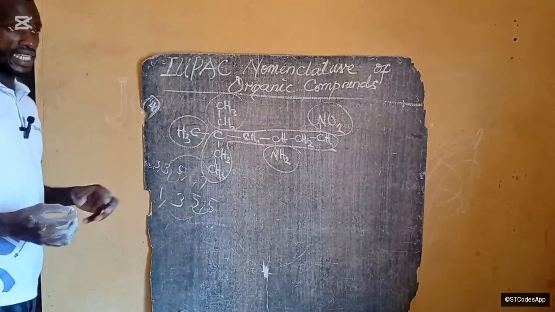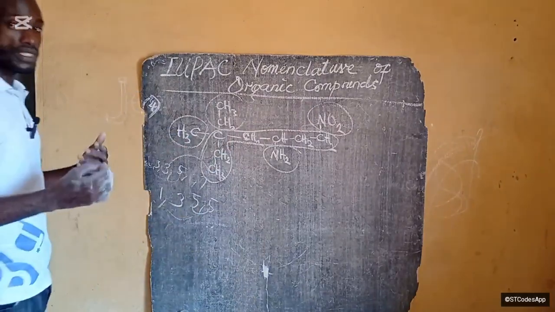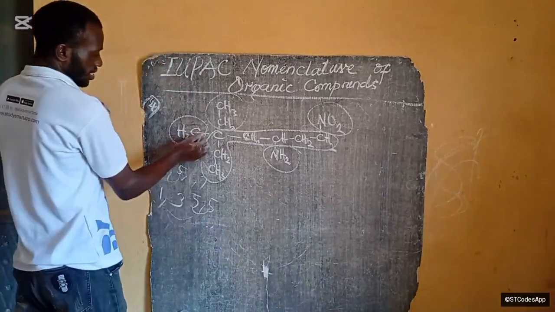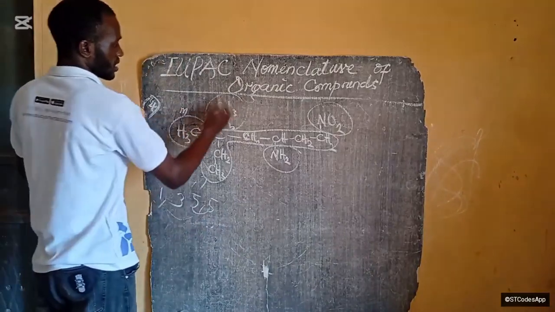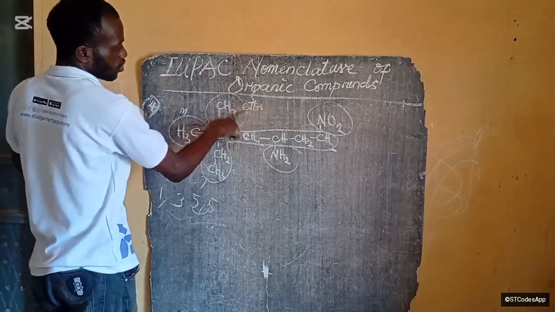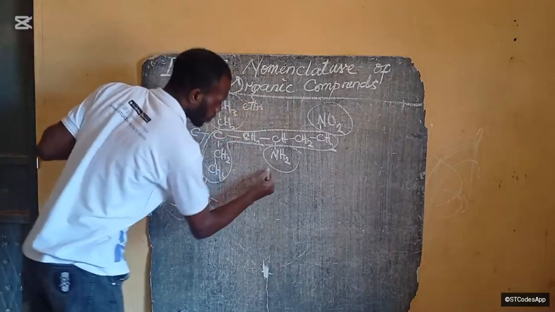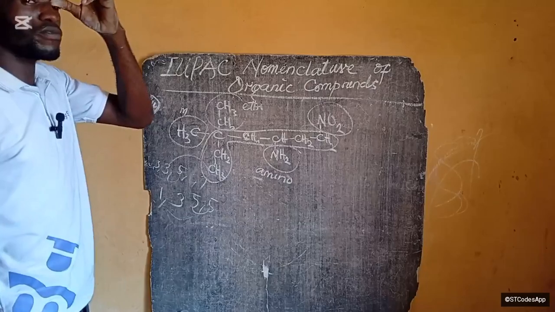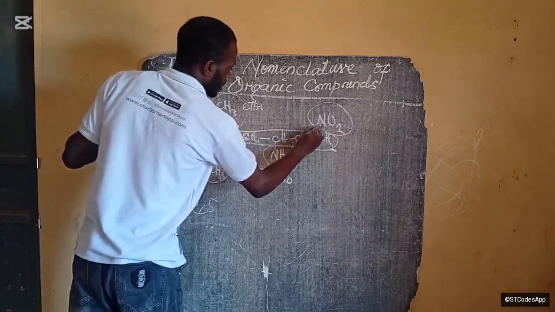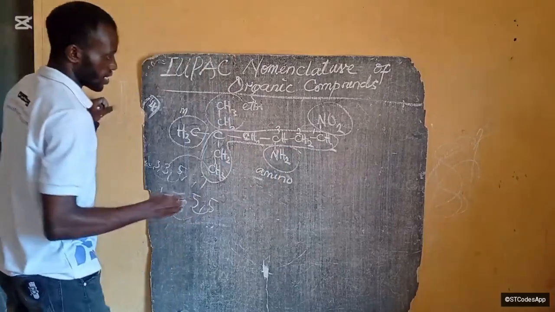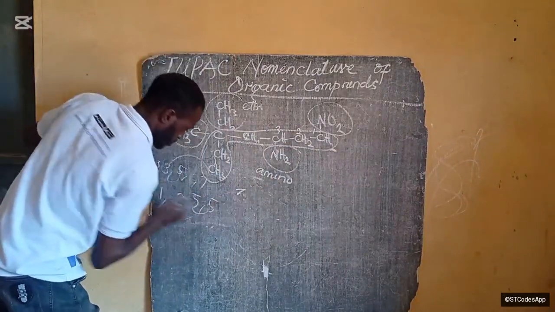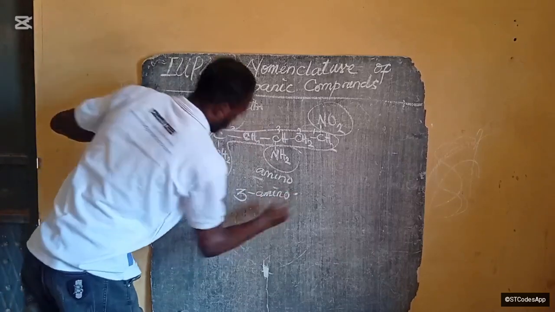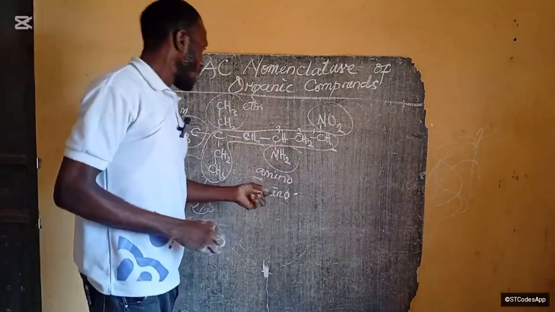Now alphabetical order takes priority. So which group is this? This is methyl, M. This is ethyl, E. So obviously ethyl is going to come before methyl. This group is called the amino. So once you see A, you know that it's going to come first. So it's on what carbon? Carbon 3. We'll follow this numbering. So that will be 3-amino.